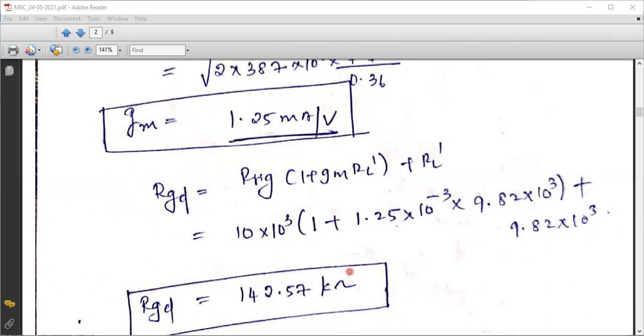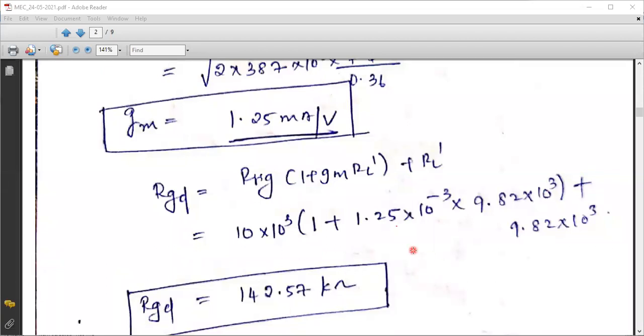Otherwise you will get your answer in ohms and then you need to convert into kilo ohm by dividing by 1000. I hope you got the same answer.